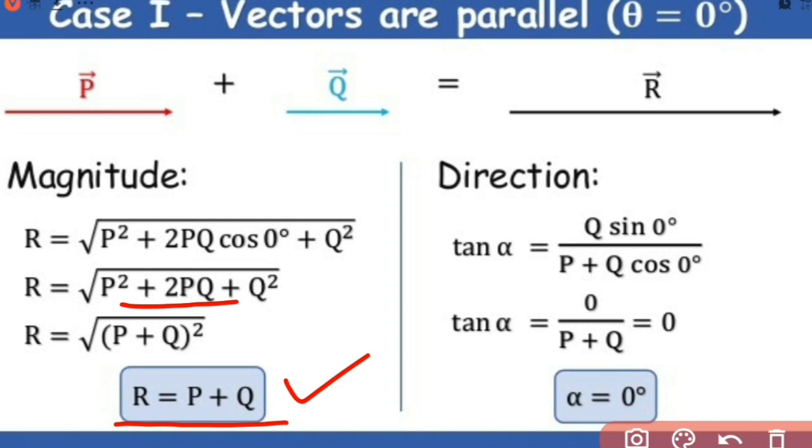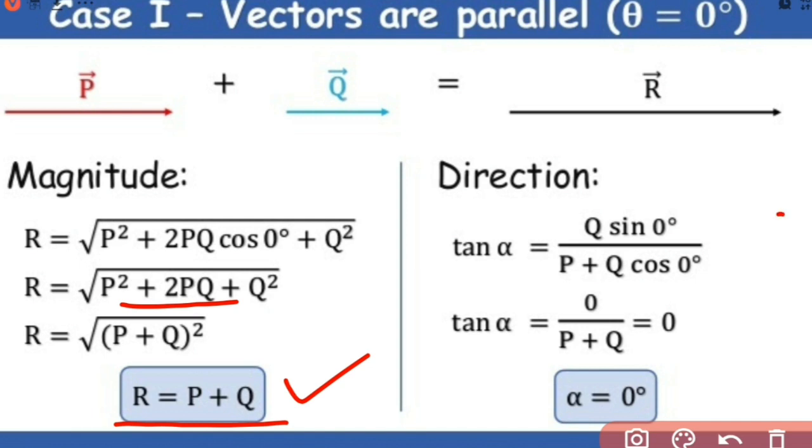Alpha equal to 0 means the resultant is in the direction of vector P and vector Q. So in short, if the two vectors are in the same direction, their resultant also will be in that direction itself. And the magnitude of the resultant of two vectors will be just the sum of magnitudes of the two vectors.